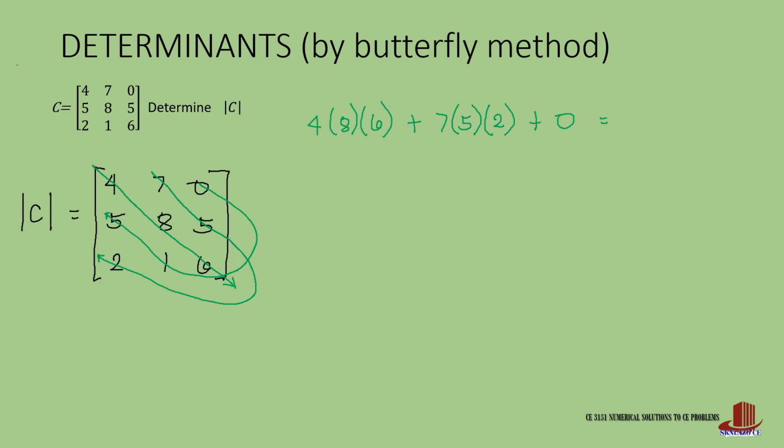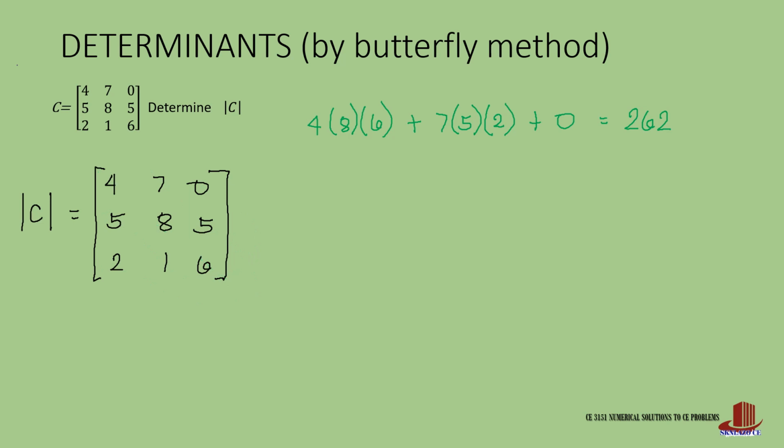Computing, we would have 4 times 8 times 6 plus 7 times 5 times 2, giving us the value of 262 for the positives. Next, we are going to work with the negatives.